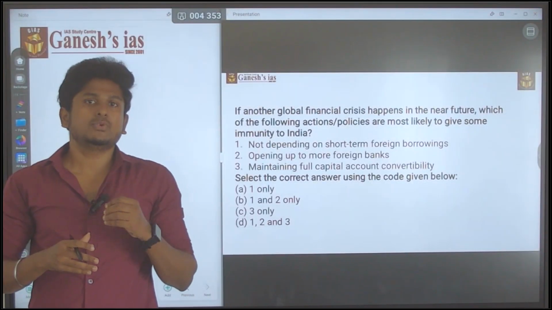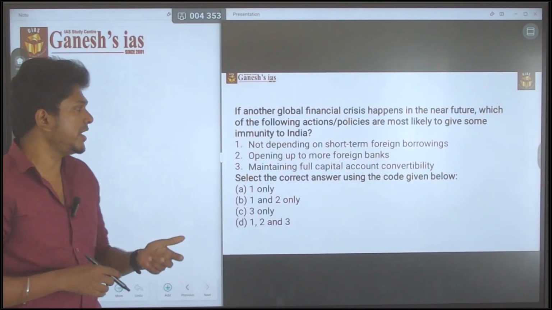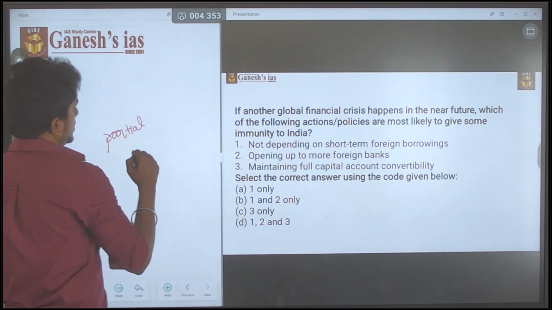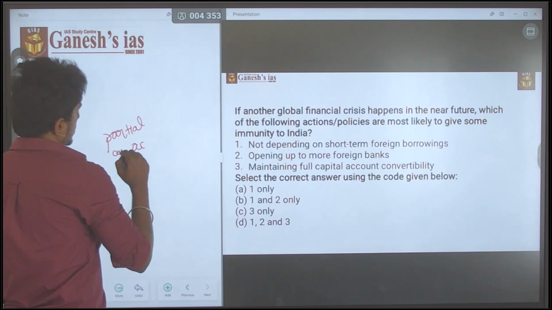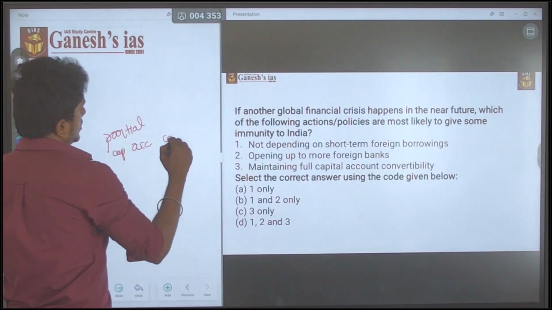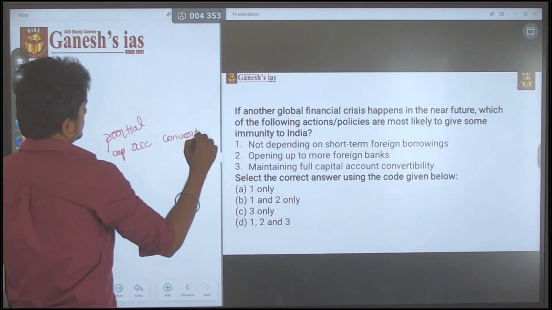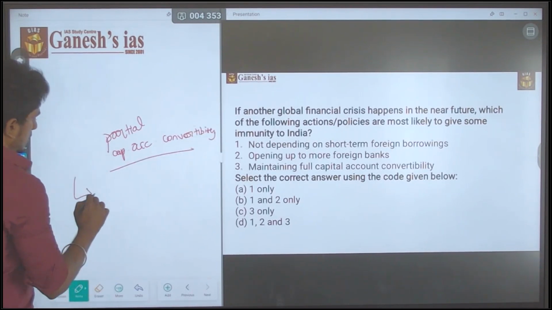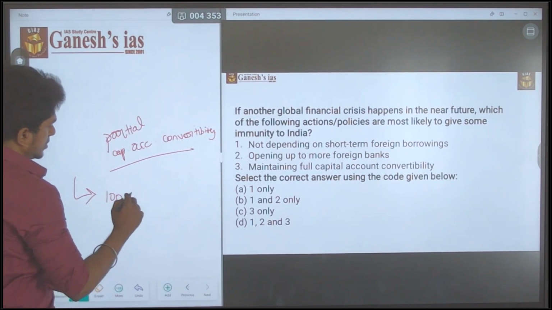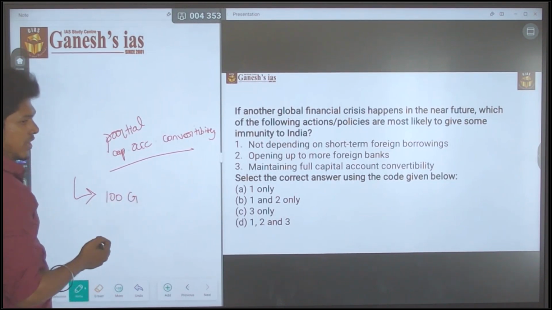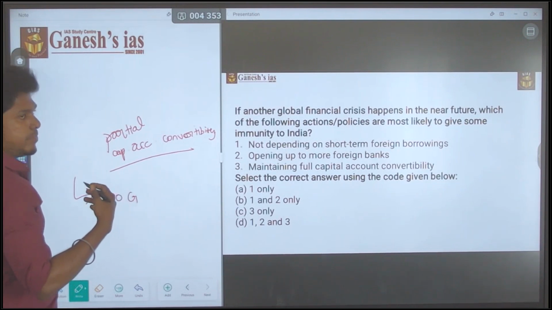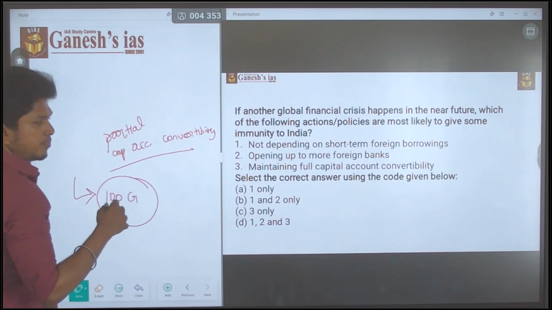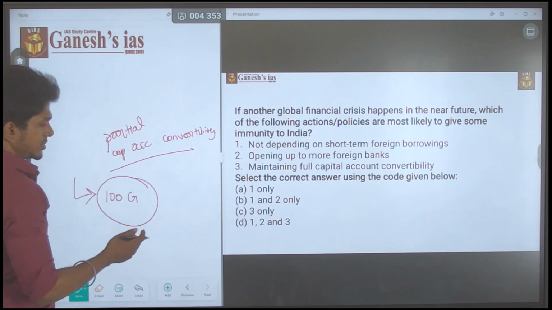So what the government of India usually does is maintain partial capital account convertibility, which means if Elon Musk invests 100 crore and wants to get back to the US with all his investment, the 100 crore won't be repaid to him.